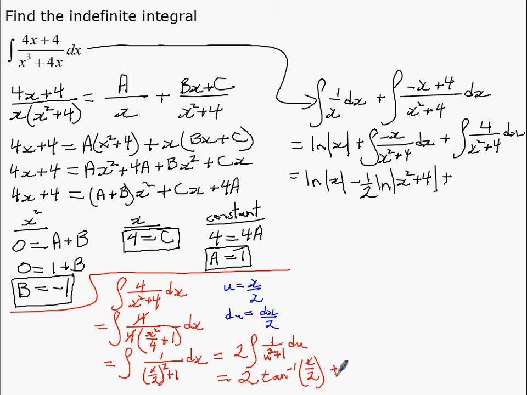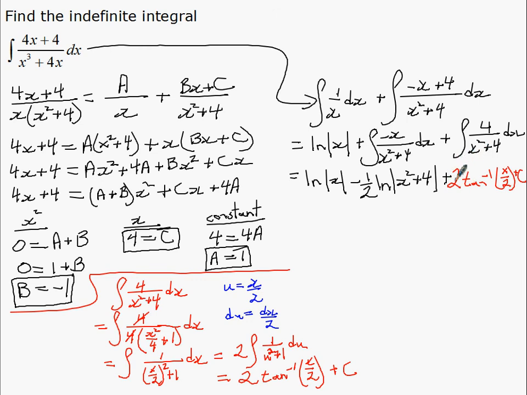plus c. So I'm going to take that and stick that up here, since that's the integral we just worked out. And that's going to give us 2 tan inverse of x over 2. Now, if you saw me do this in class, I just gave you a formula for that, and this is what we got.